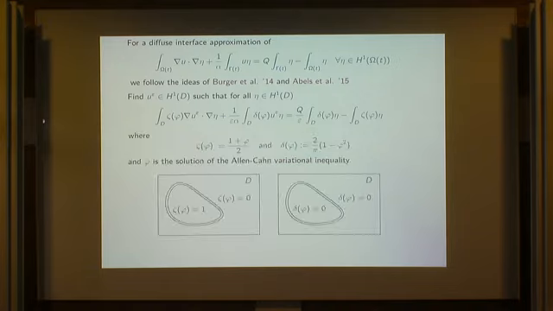Because we use the Allen-Cahn variational inequality, we know that phi is explicitly +1 inside, -1 outside, so we can take zeta of phi to be, for example, (1 plus phi) over 2, and delta of phi, with a scaling of 2 upon pi, to be 1 minus phi squared. These functions then satisfy the criteria that we're hoping for.